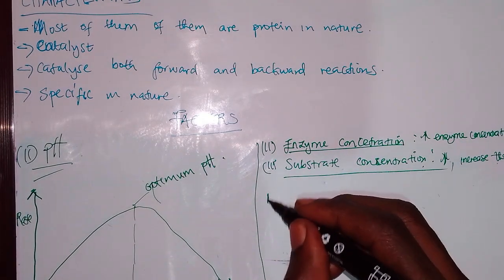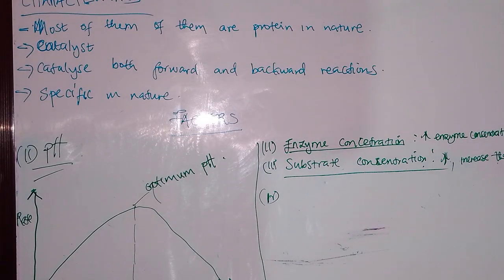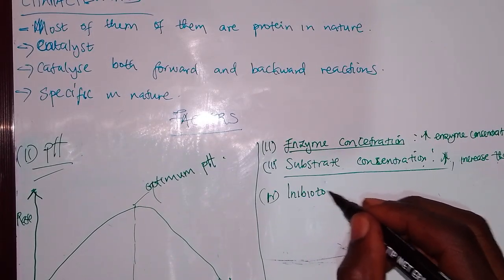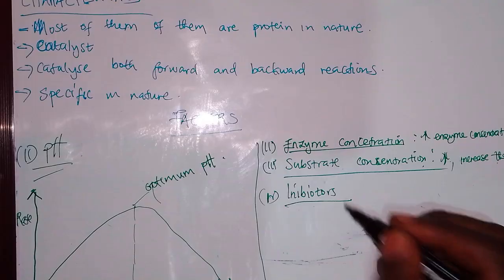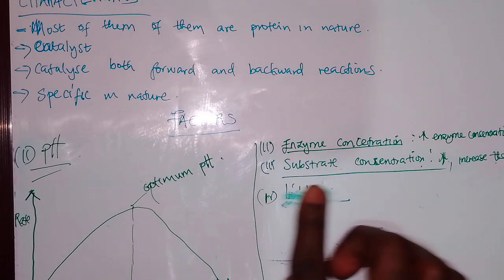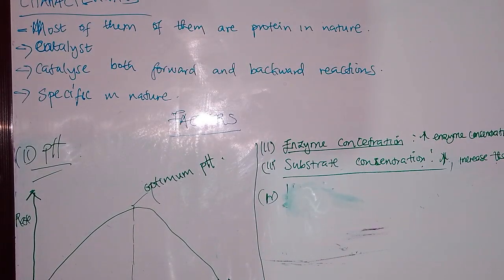Then another factor which you need to pay particular attention to is inhibitors. So inhibitors are substances which slow or completely stop what? The activity of enzymes. So we have a lot of inhibitors.